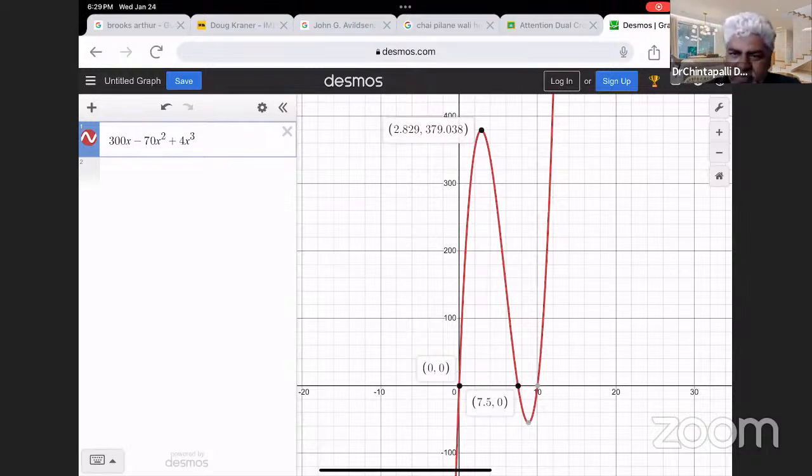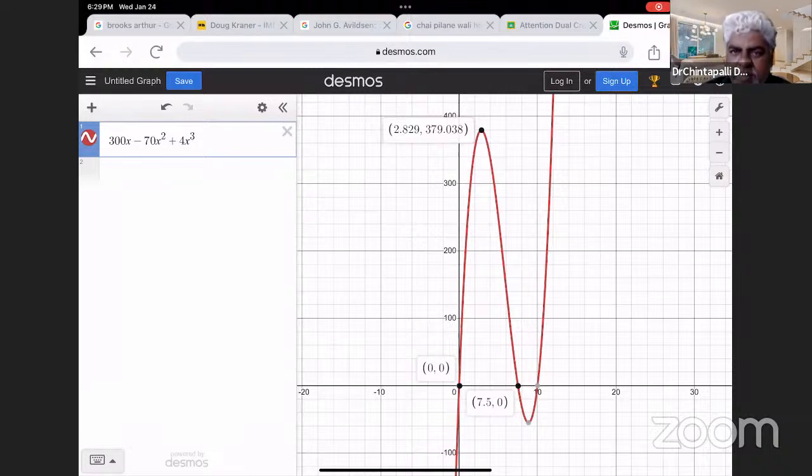Highest value of volume is 379.038. Least value is 0. Practically we can understand that the least value of volume is 0 units. Highest value is 379.038. Yes, that will be the range.